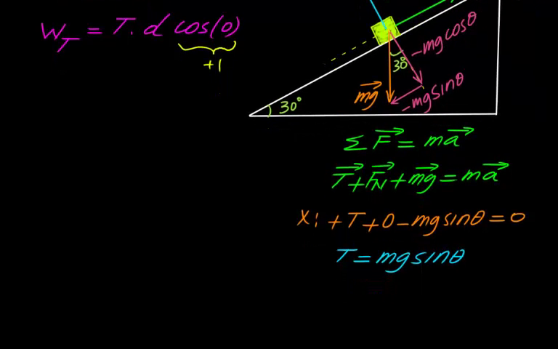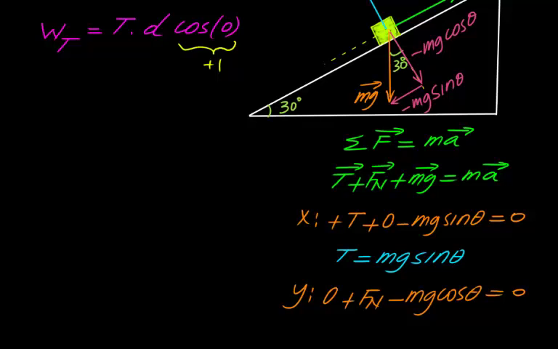You can work on the y component if you want, but that's not necessary at all. The y component will lead to the following. The tension is lined up along the x, therefore it doesn't have a y component. The Fn has a positive component equal Fn, and the mg has a component equal negative mg cosine theta. That's all you need to do with the y component, and the only thing you can get out of it is the normal force equals mg cosine theta.